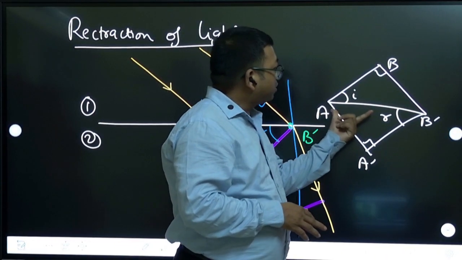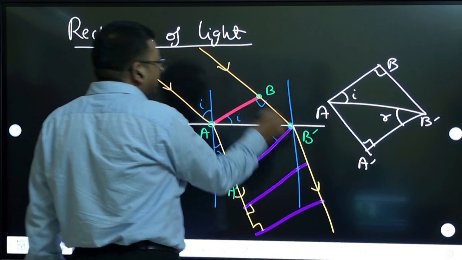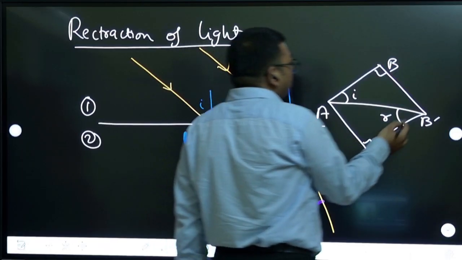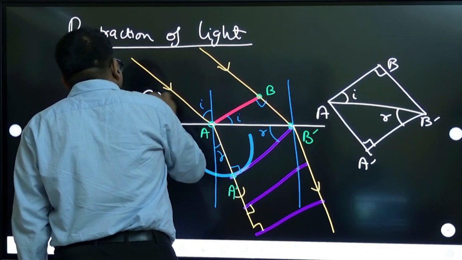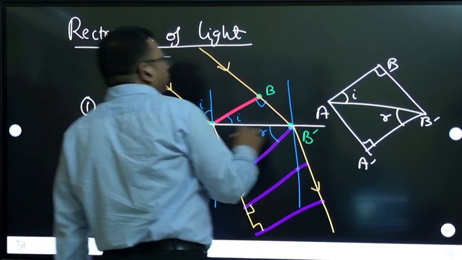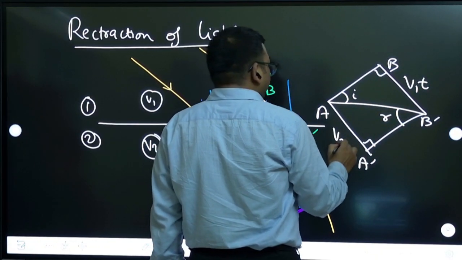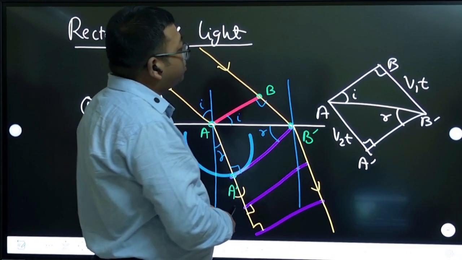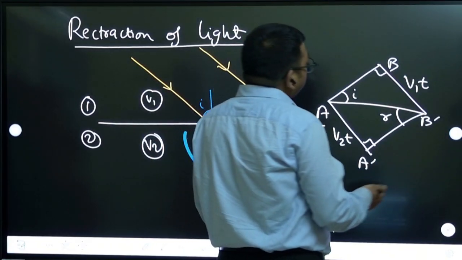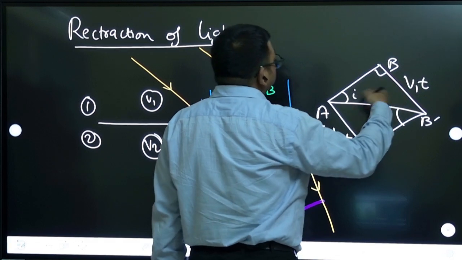Why? Because let's try to understand B to B dash. The wave will travel B to B dash in some time t. Here the speed of the wave is v1 and here the speed of the wave is v2. So speed into time: v1 t, and here v2 t. So these two sides can be proportional. Let us calculate sine I in this triangle.